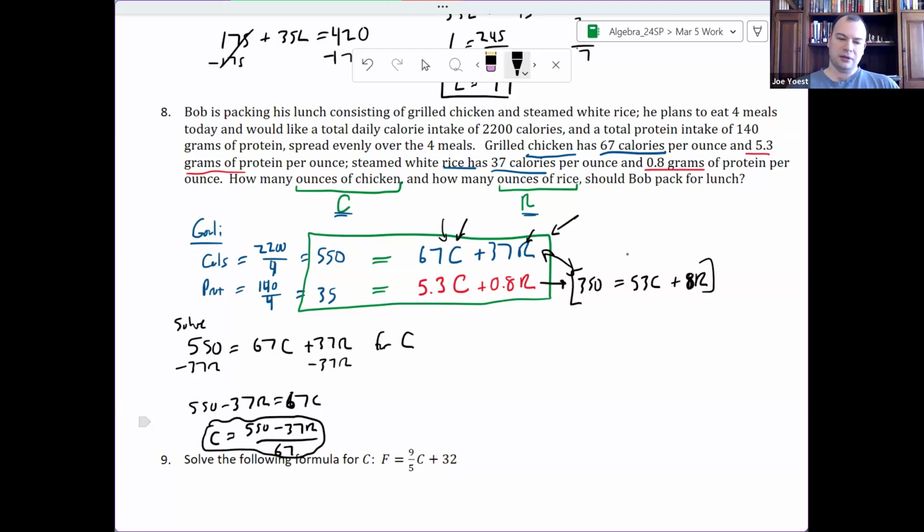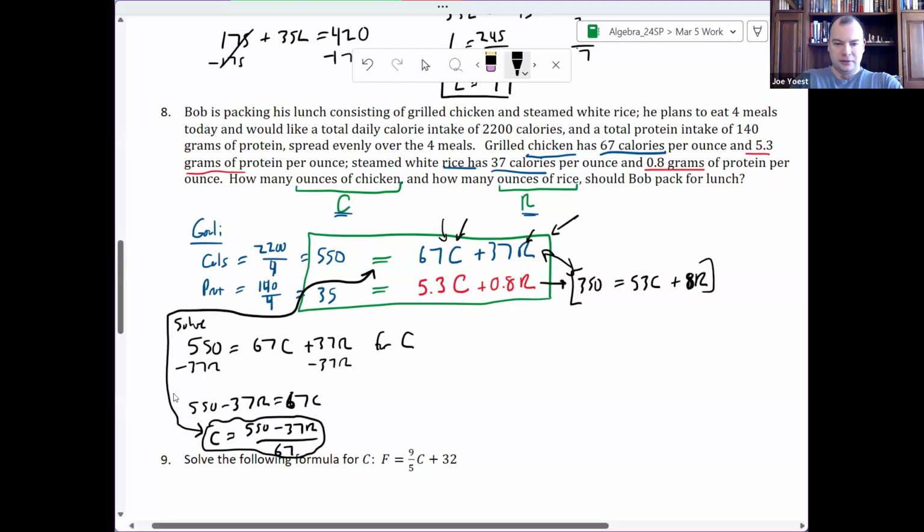So this is actually another equation relating C and R that's directly related to my first equation up here. Let me clean this up a little bit.